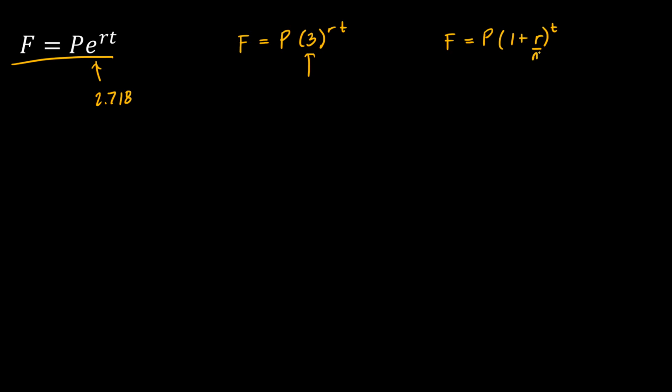I know there's an n here for quarterly or depending on how many periods per year, but if it's just per year, then the n is removed. Actually, the compound interest equation can also be used for estimating population growth. But for this one, let's focus on the first one that I showed you, wherein the base is Euler's constant.